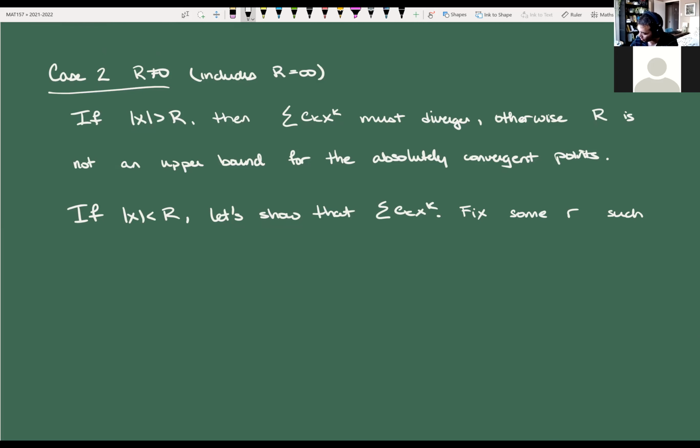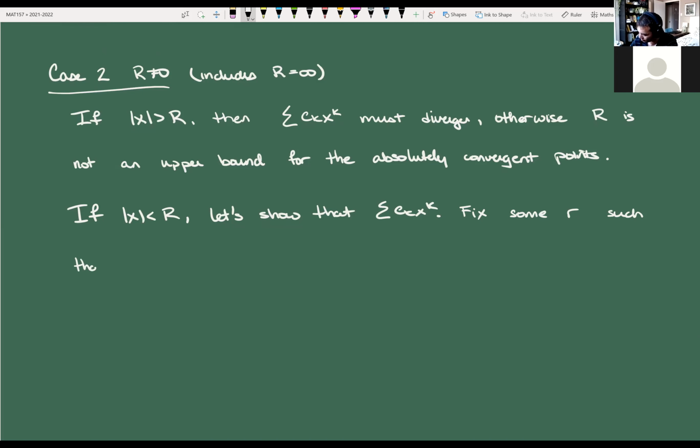So fix some little r such that this is true. And we can do this by definition of the supremum.